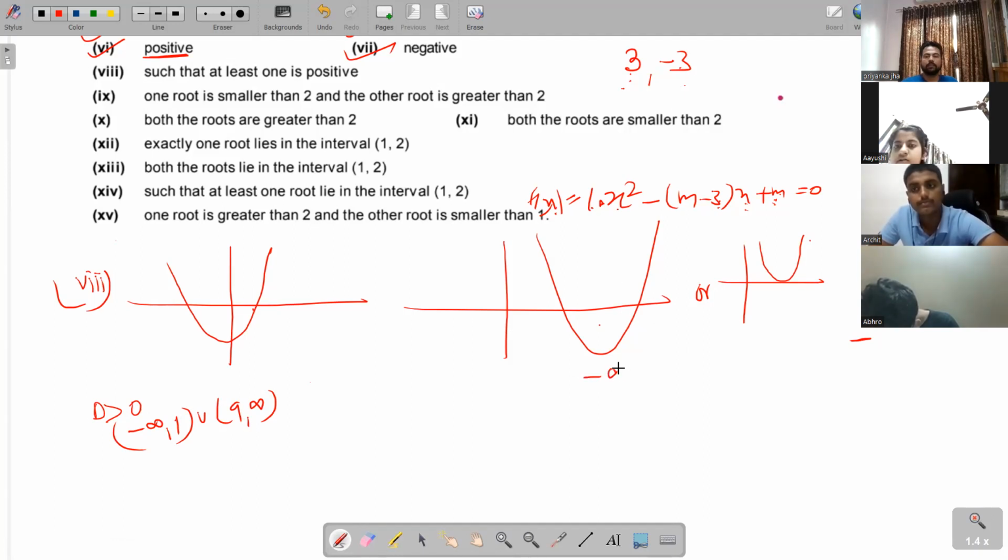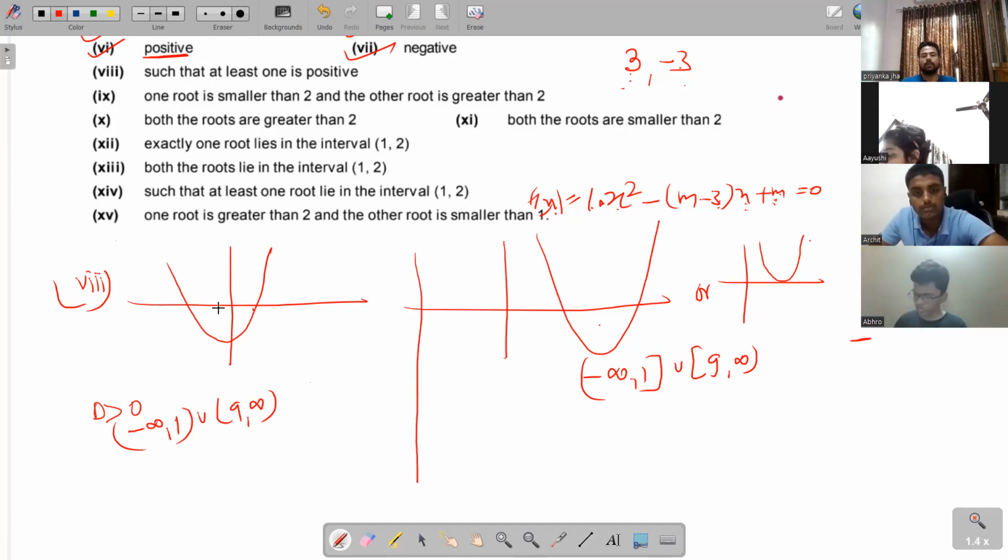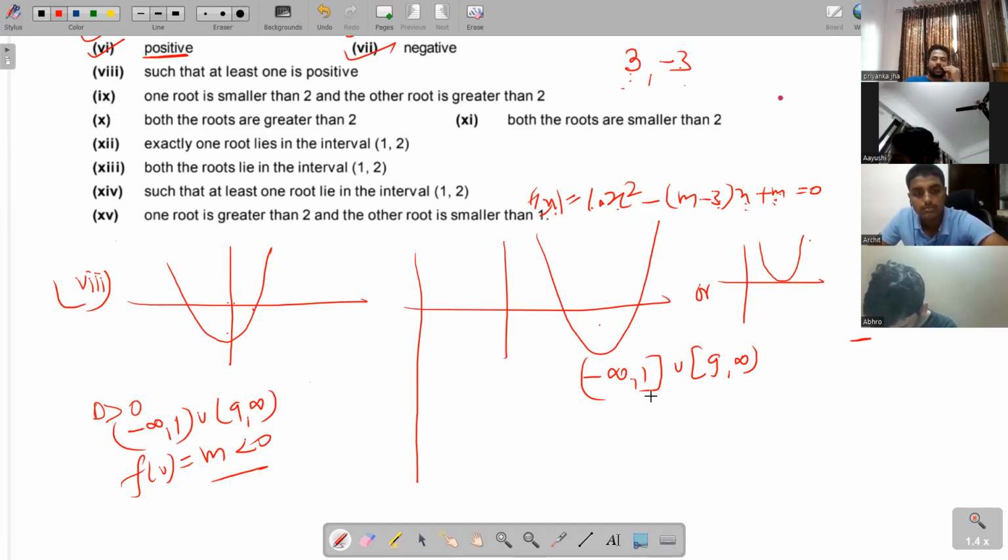So from here, if you see, it will include 1 like this. And in this case, if you think, one root has to be positive and other root will be negative. So 0 will lie in between the roots. So f0 has to be less than 0. So this is m, that is less than 0. And then from here, if you see, both roots are positive. So sum of the roots has to be positive and product of the roots has to be positive.